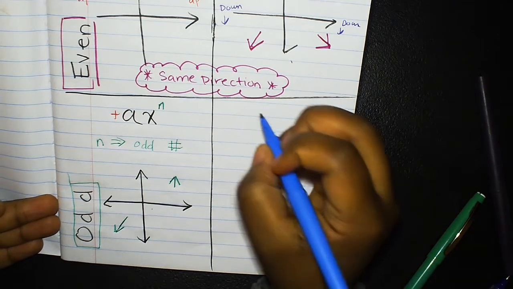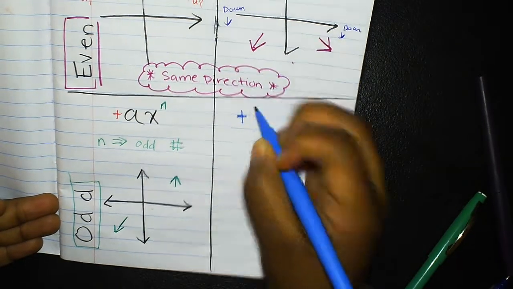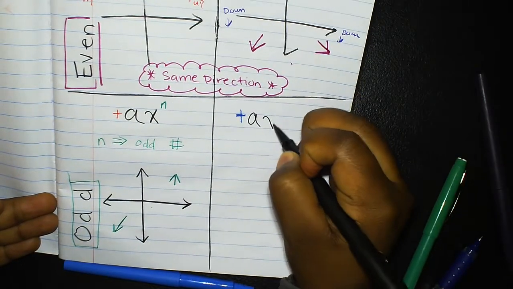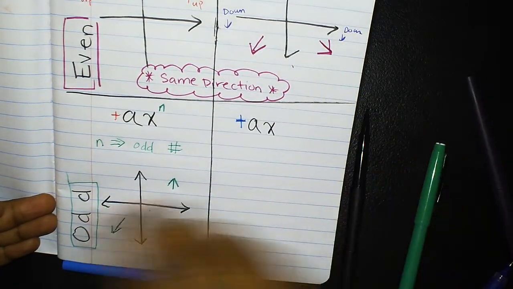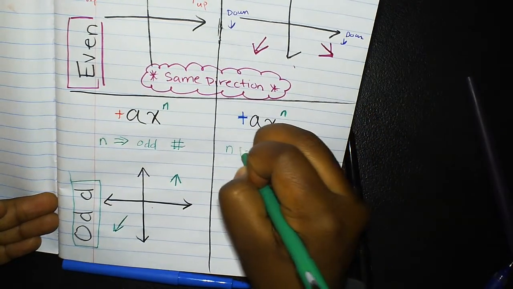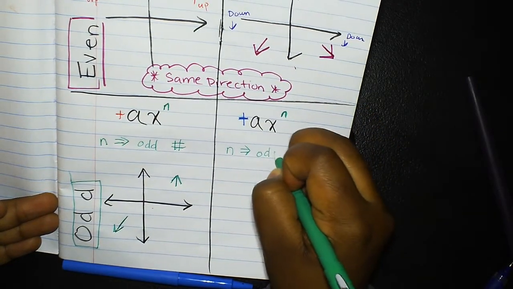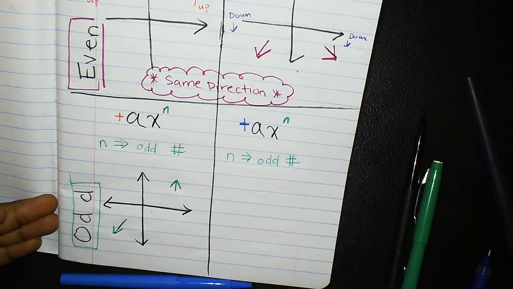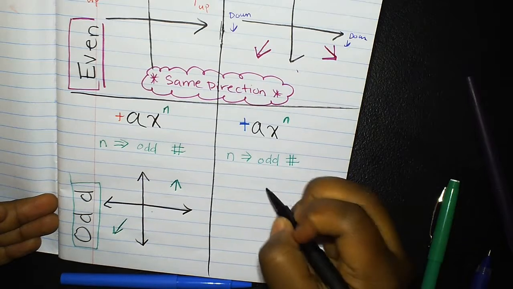Let's say I had a negative leading coefficient. So I have negative ax to the n. And we know that n is odd, so n is going to be an odd number. And let's see what the graph will look like.